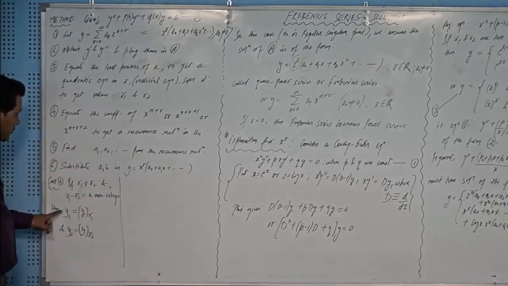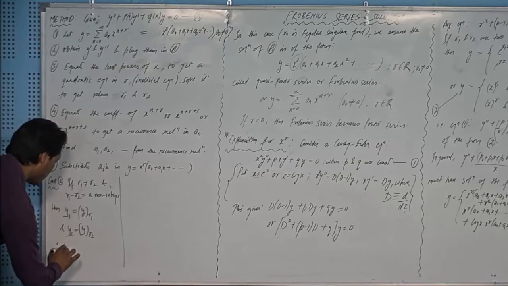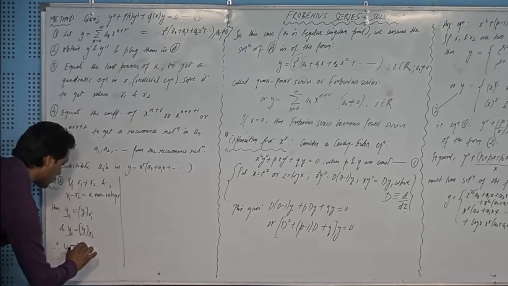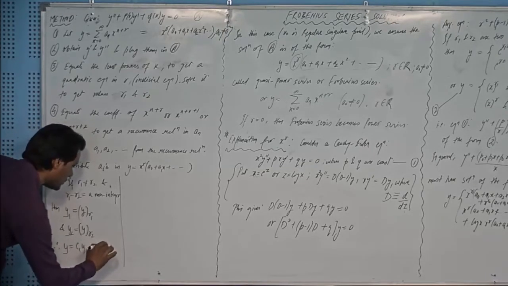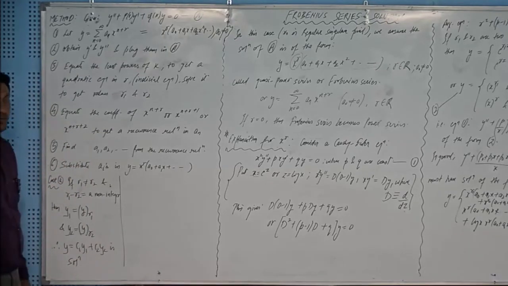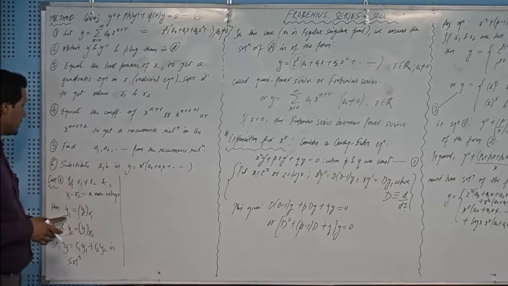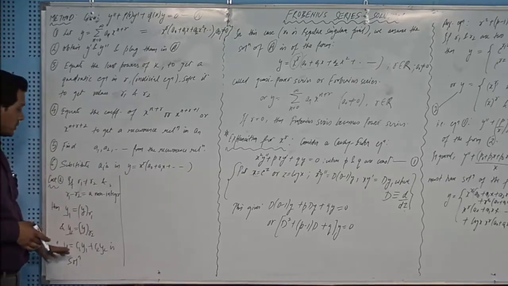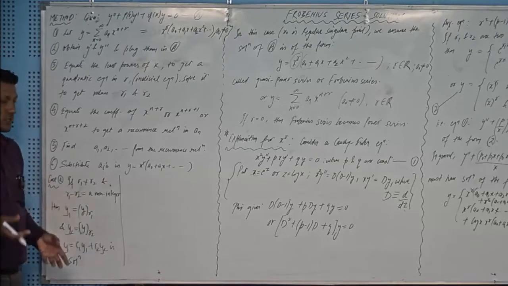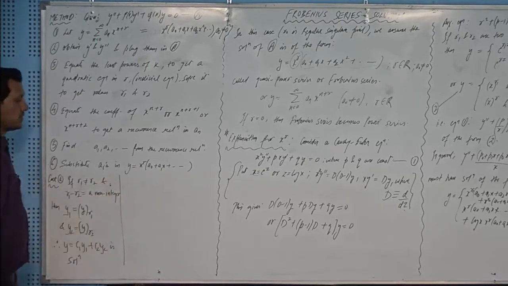So we have two solutions at hand, and the final solution will be given by the linear combination of these two solutions, c1y1 plus c2y2 is the complete solution, right? Because we are solving a second order differential equation. So if we have two linearly independent solutions, y1 and y2, then we should have the linear combination as the full solution, right? So this is case A, right? And case B.